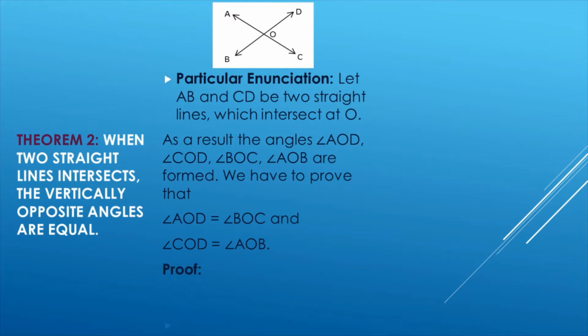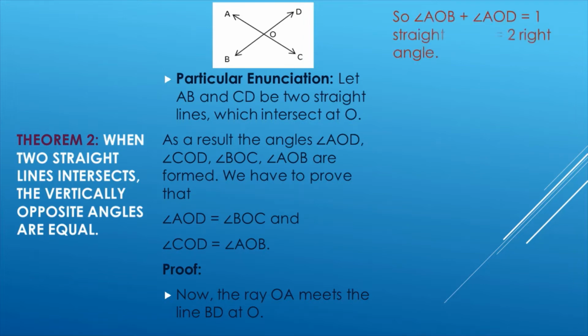So this is the proof. Now the ray OA meets the line BD at point O. You can see OA meets the line BD at point O. So, my dear students, we can write angle AOB plus angle AOD equals one straight angle.